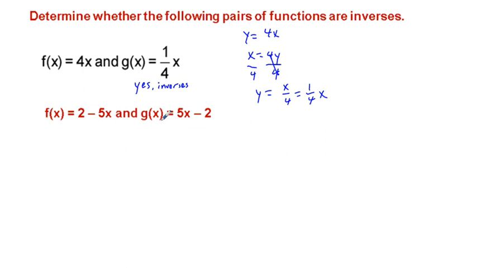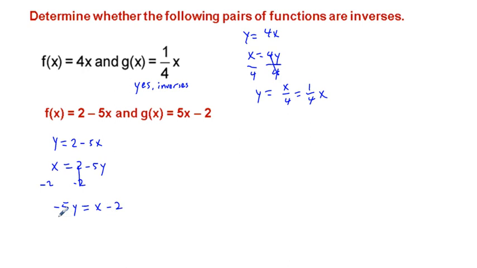And for this second one, we want to find if f of x equals 2 minus 5x and g of x equals 5x minus 2 are inverses of each other. So we'll take this f of x first and make this y equals 2 minus 5x, and then change x and y. We have x equals 2 minus 5y, and then we subtract 2, so we have negative 5y equals x minus 2.